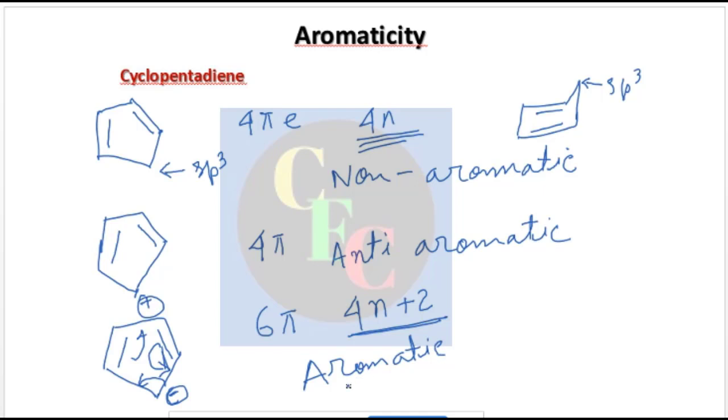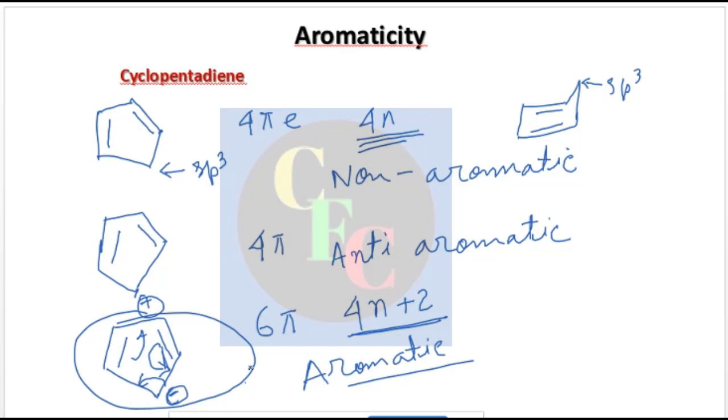And that's why this cyclopentadienyl anion is widely used in organometallic chemistry as a ligand, right? They form sandwich and half sandwich complexes. One of the most important is ferrocene. You might have heard the name of ferrocene, right? It forms those kinds of complexes.